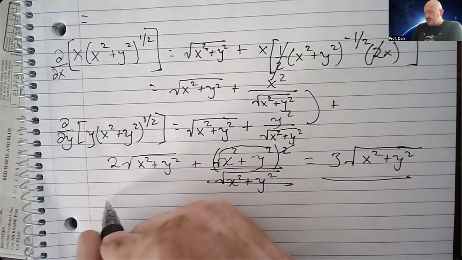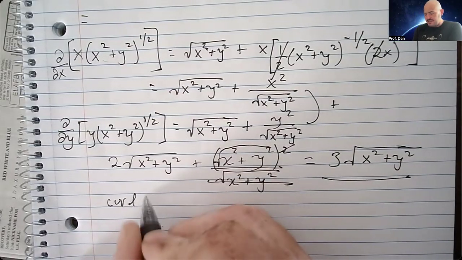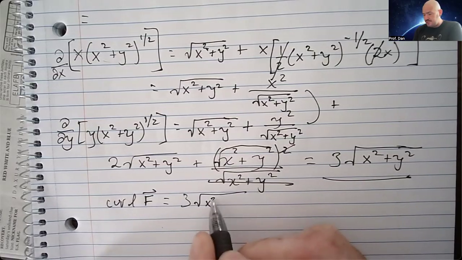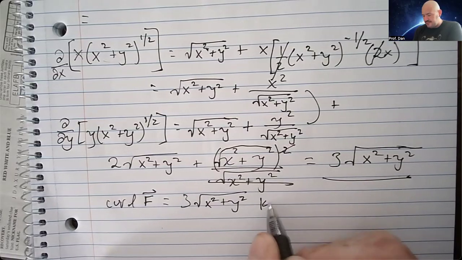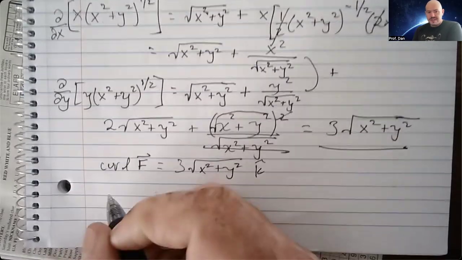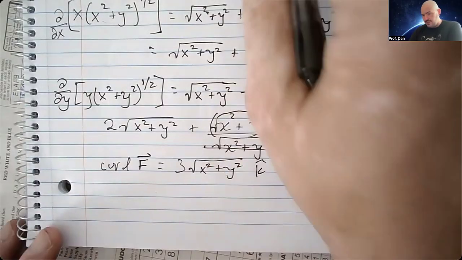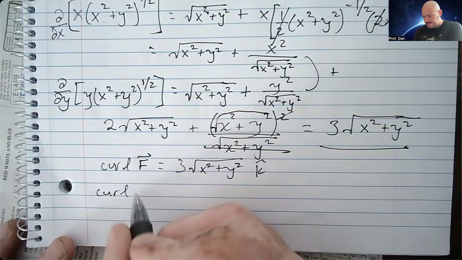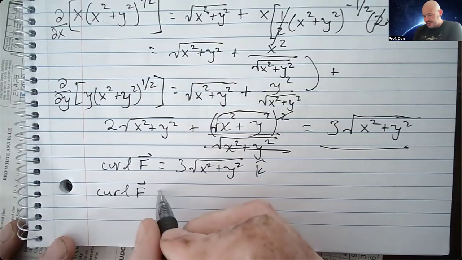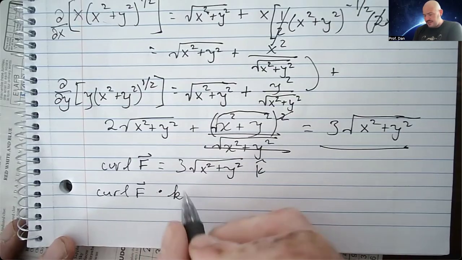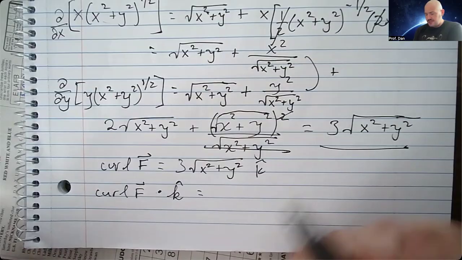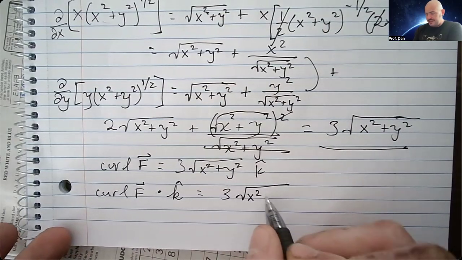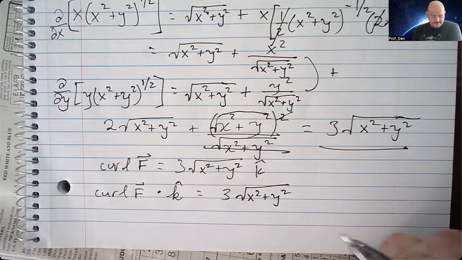All right, so my curl ends up being this vector 3 square root x squared plus y squared k, which means that my integrand for the surface integral I have to find is going to be the dot product between my curl and the vector k, which ends up literally just being 3 square root of x squared plus y squared.